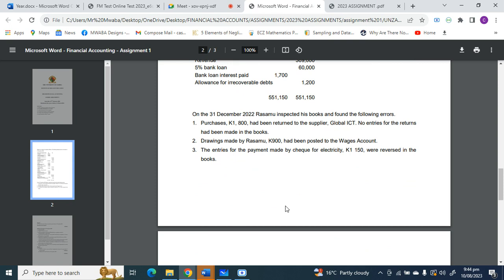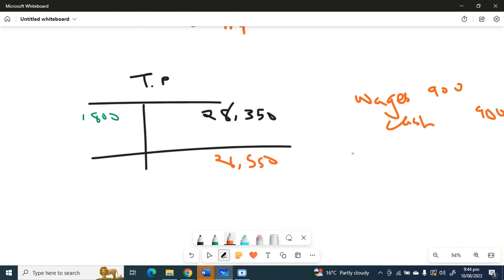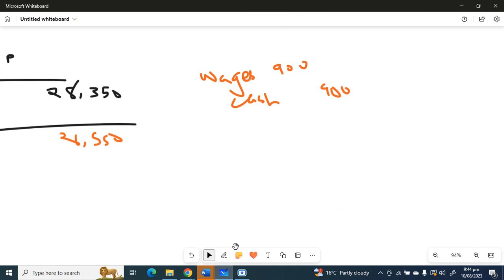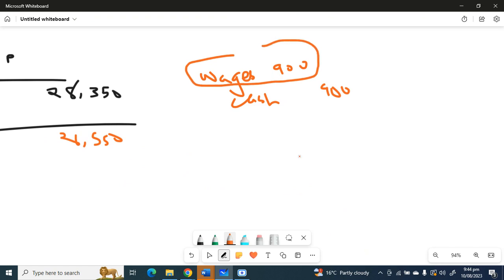Instead of debiting drawings, it's debited wages. So we have to remove this 900 from the wages account and take it to the drawings account. You can imagine this is the wages account. It has a 900 here.